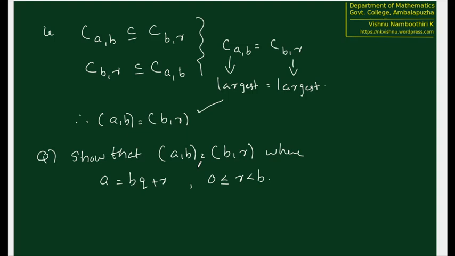The next observation that we are going to make for proceeding towards the Euclidean algorithm is the following. If R is positive, GCD of R and 0 is just equal to R. This we have already seen, because the set of all divisors of 0 is the set of all natural numbers itself, and whatever set of all positive divisors of R we take, that's going to be a subset of natural numbers.